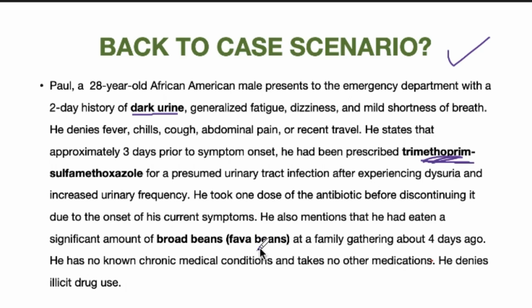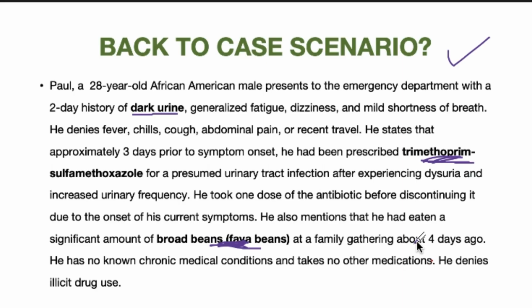He took 1 dose of the antibiotic before discontinuing it due to the onset of his current symptoms, which is the passage of the dark urine. He also mentions that he had eaten a significant amount of fava beans at a family gathering about 4 days ago. He has no non-chronic medical condition and takes no other medications. He denies illicit drug use.